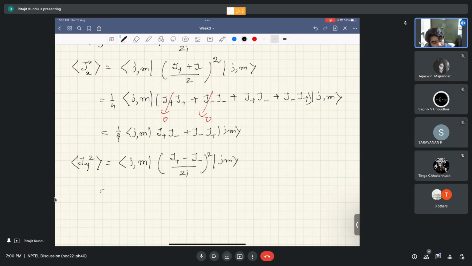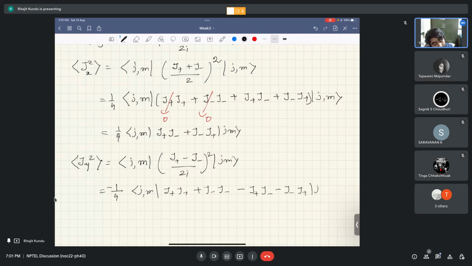Okay, so now let's expand it. Because i square will give you minus, I will have minus 1/4 outside. Okay, so then we'll have <jm|, and similarly we'll have (j plus plus j minus) minus (j plus j minus) and minus j plus.